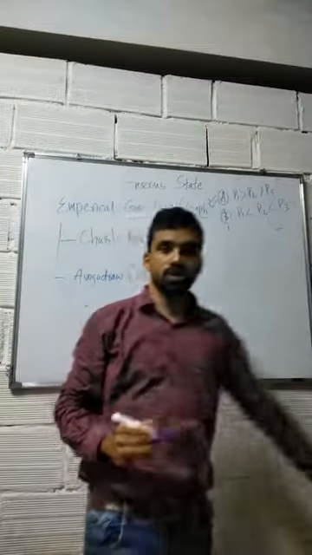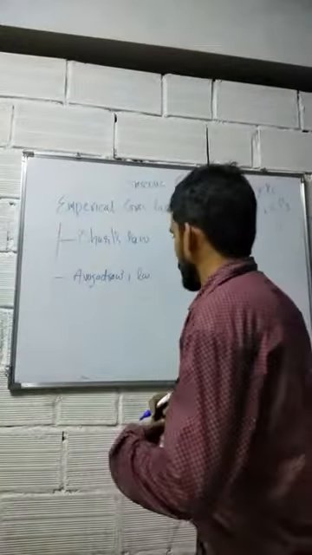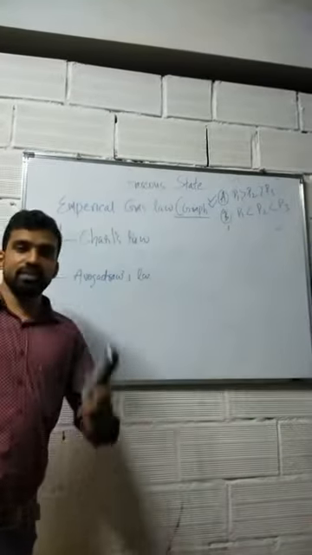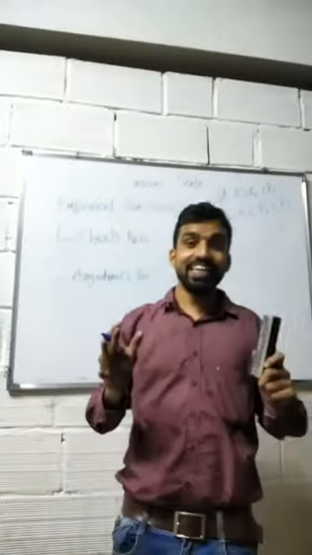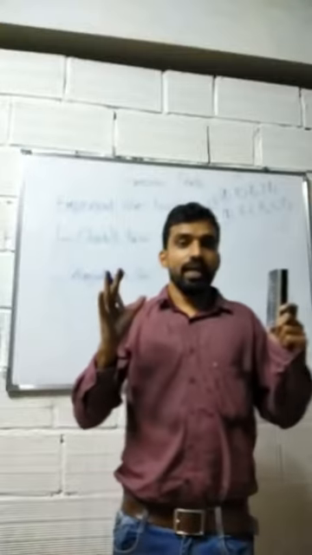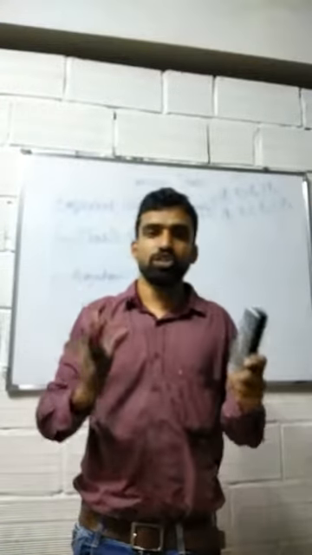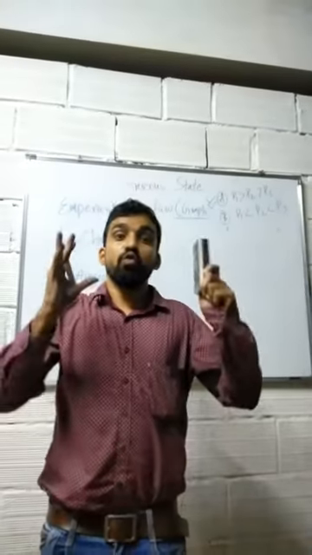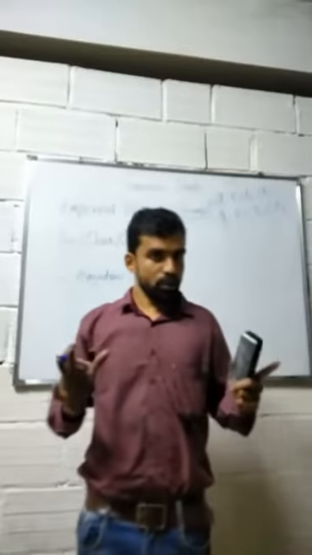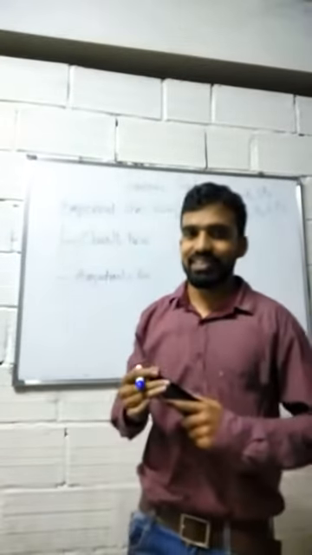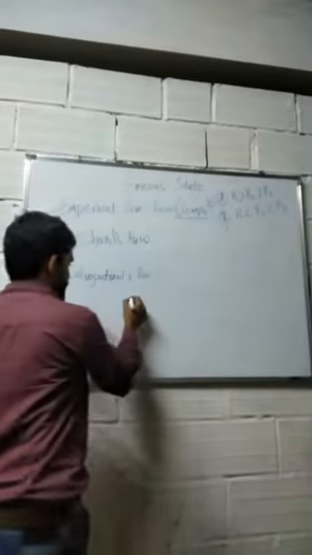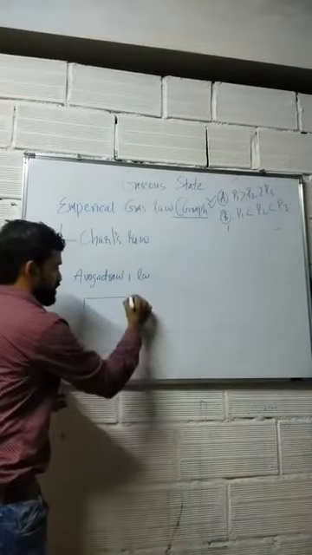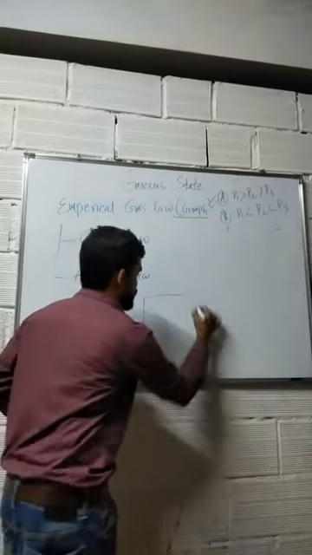What is Avogadro's law? Avogadro's law can be explained in different ways. Volume is directly proportional to amount at a constant temperature and pressure. At a constant temperature and pressure, the volume of the gas is directly proportional to the amount of the gas. Another definition is also there.